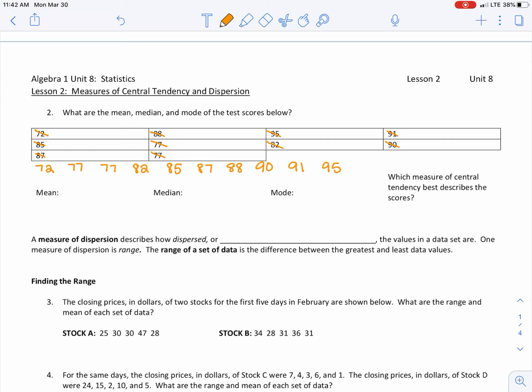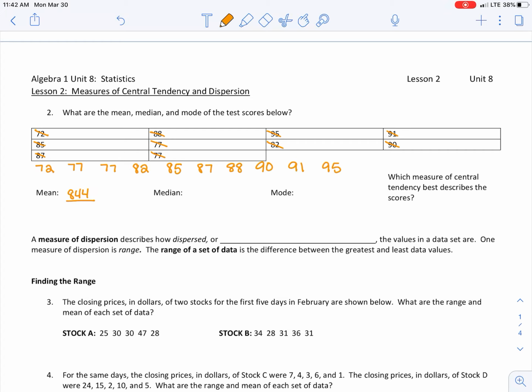For mean, again, we have to add all our numbers together. So we have 72 plus 77, 77, 82, 85, 87, 88, 90, 91, and 95. We get 844.